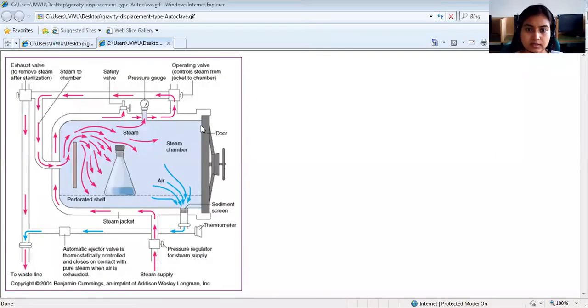The various methods involved are downward displacement, steam flushing, vacuum pumps, super atmospheric cycles, and sub atmospheric cycles.